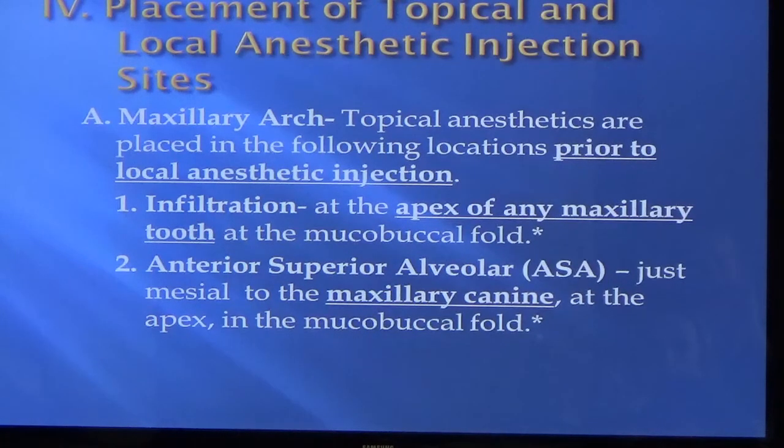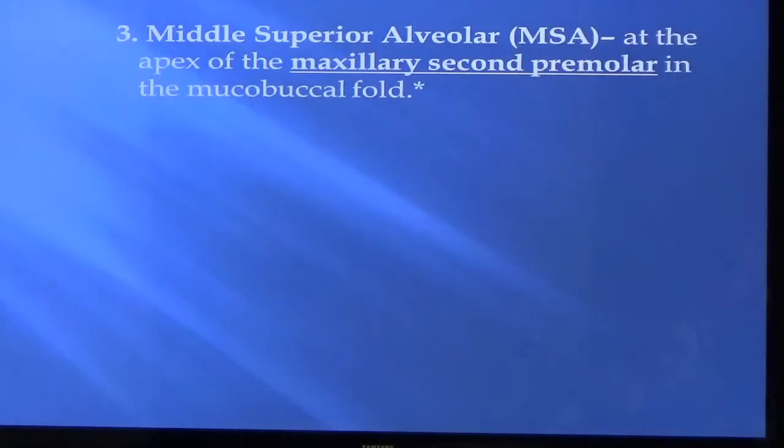That means at the apex of where you pull your lip out and as far up as you can go. If you put your finger up there where it stops, that's where you want to inject. Anterior superior alveolar.